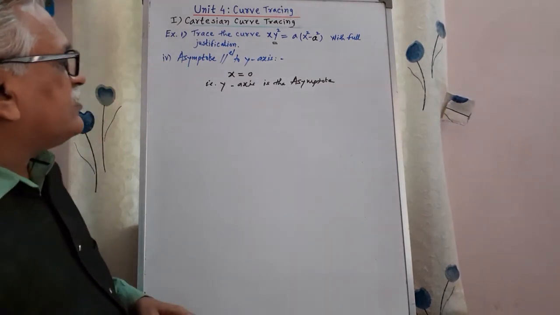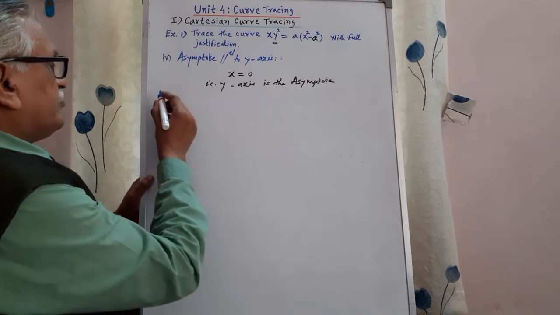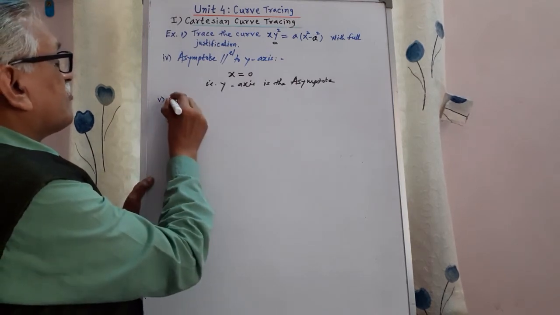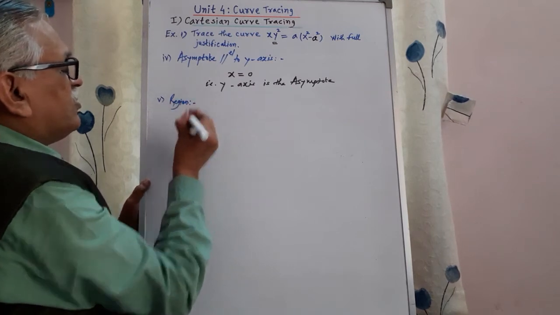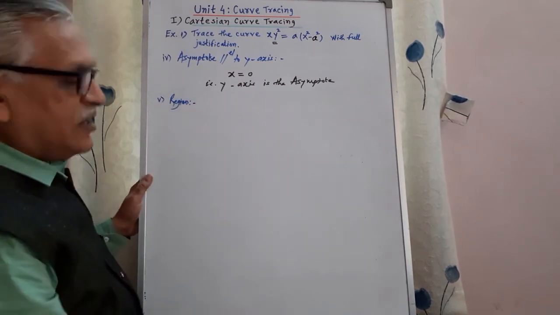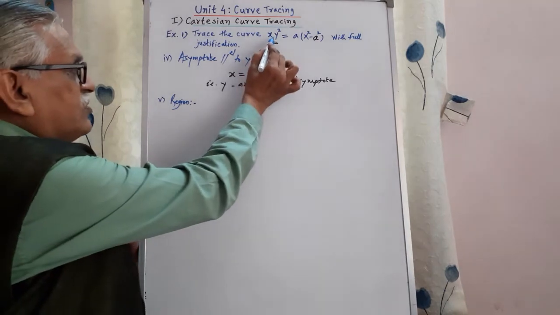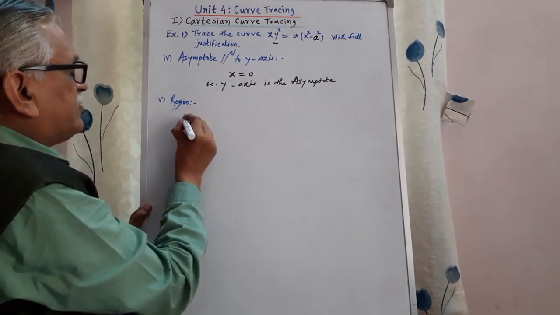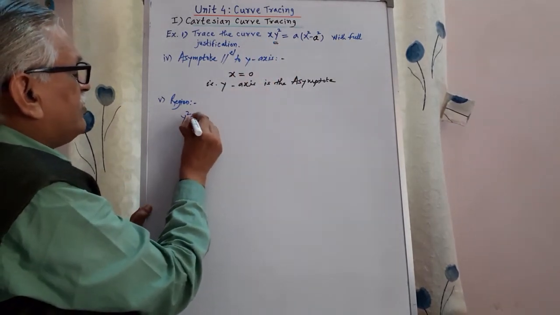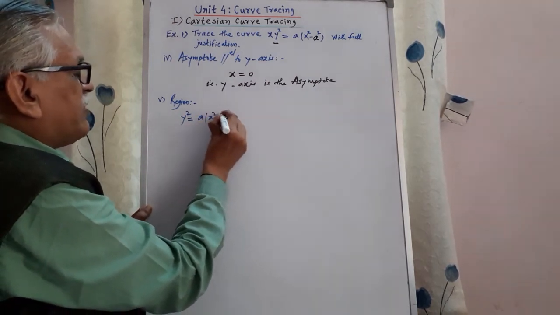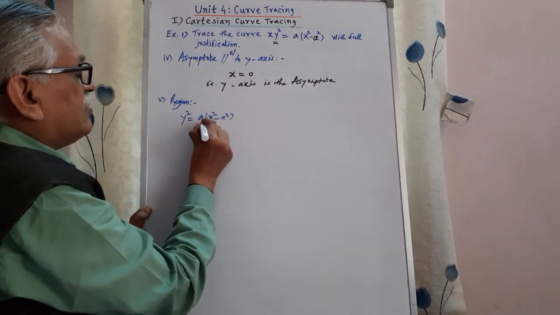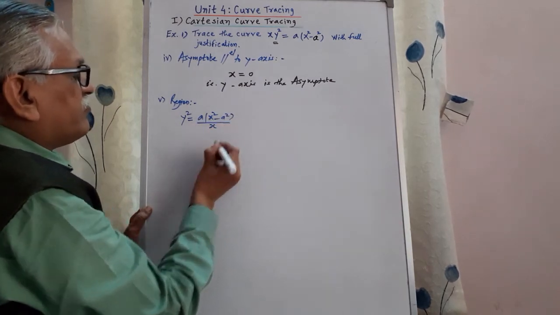And the last point, region. Where the curve exists or where the curve does not exist. For that, solve the equation for y as it is symmetrical about the x-axis. Therefore, solving it for y, we get y square is equals to a x square minus a square, divided by x.